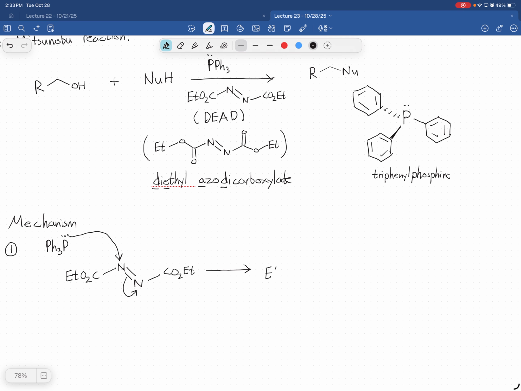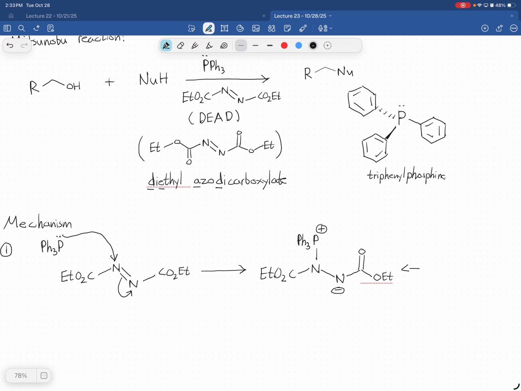EtO2C. Let's draw out the nitrogens now. Now this phosphorus will gain a positive charge, this nitrogen will gain a negative charge, and we should draw out this carbonyl, COOEt.